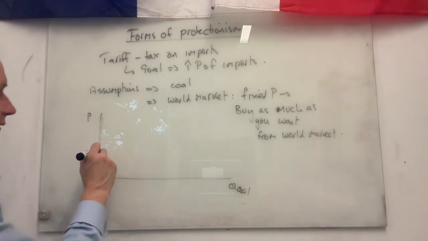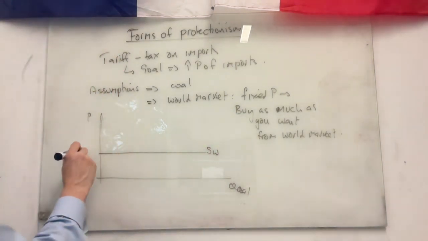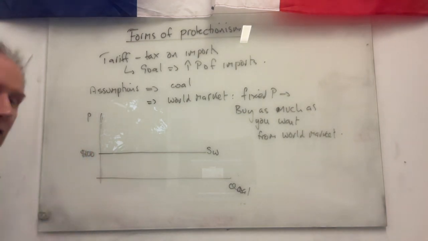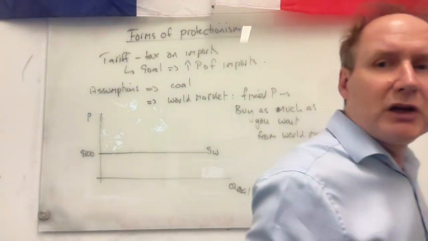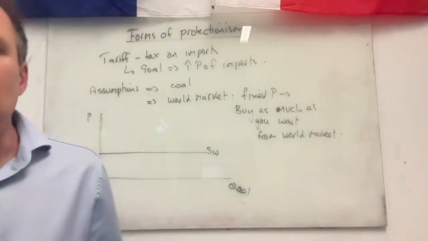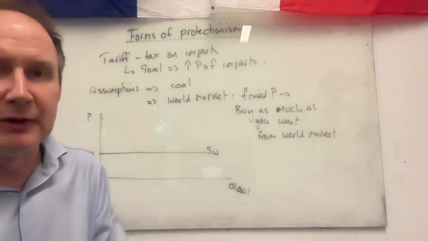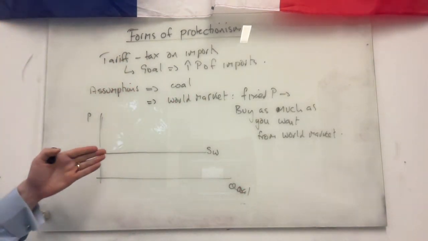All we're saying is that the world supply of coal looks like that, and let's suppose that coal is $100 a ton or whatever. You can have as much as you want. There is no limit on the supply. You're a small market compared with Brazil and China and whoever the major producers of coal are. So assumption number one is that.